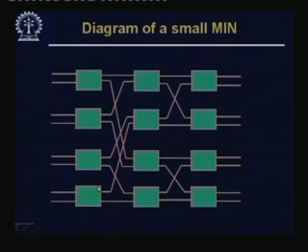If you remember, for 8 by 8 in our crossbar switch, we require 64 switches, or even if you take half of it, about 30 switches. Here, each is a 2 by 2 switch, so you see the number of switches has come down drastically. But there are problems, as we will see: it may be a blocking kind of system.